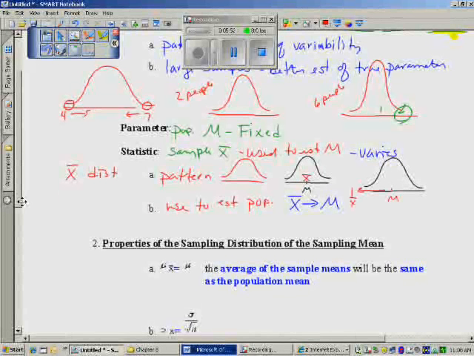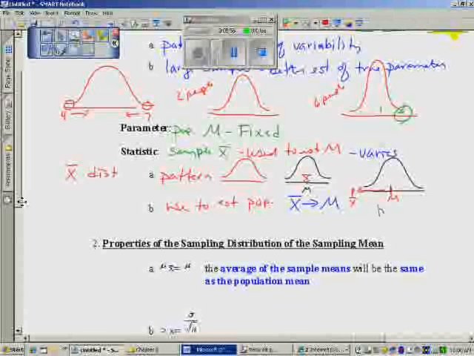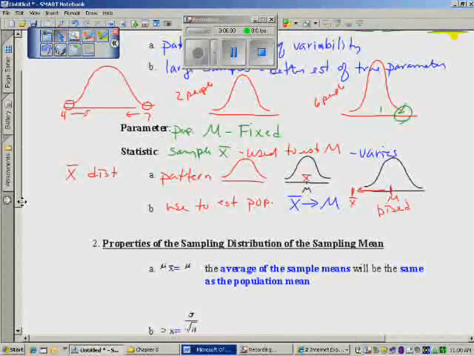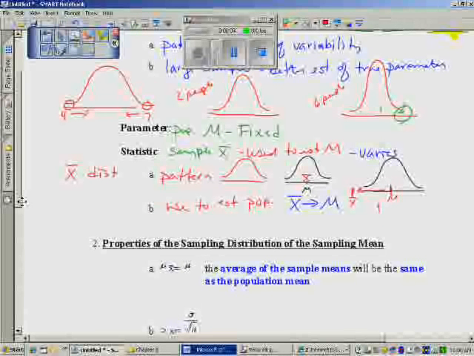So if mu is truly at this location, and I get an X bar down here, we say that it's biased. My X bar did not do a very good job of estimating my mu. So again, we say that it is biased. All right, it's way further down than it needs to be.